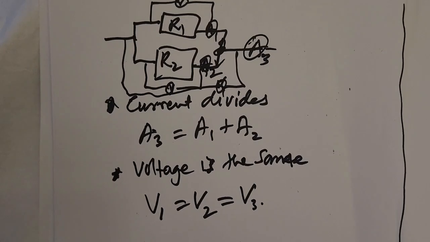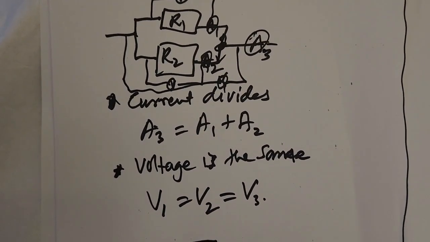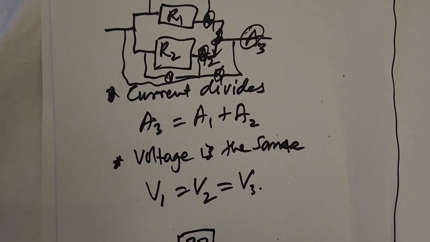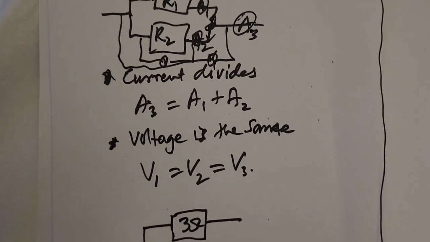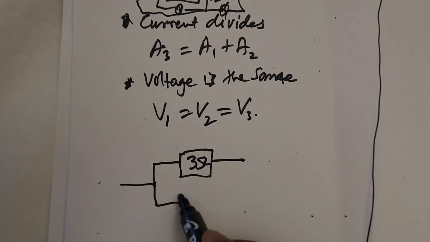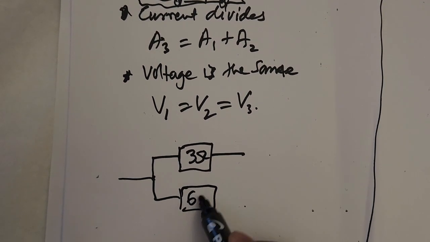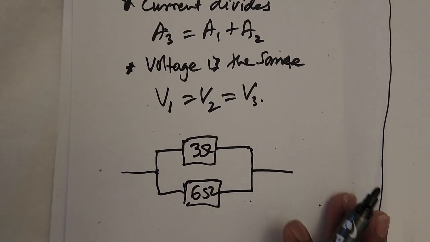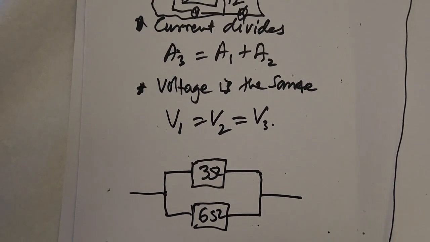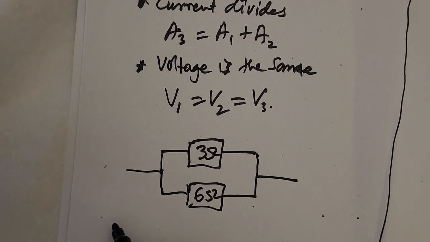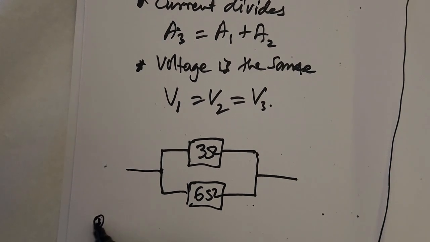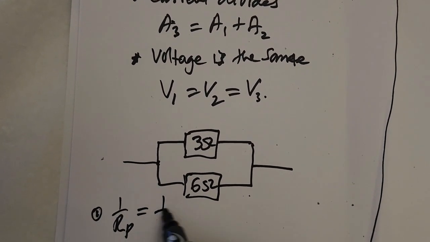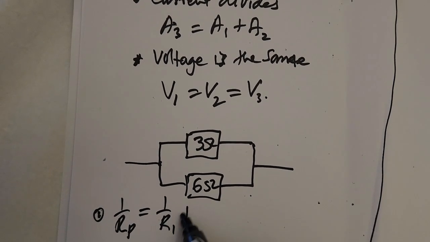We can simply just calculate before we come to the major issue of the Ohm's law. Let's just take one simple exercise here just to see how these three methods can unfold. We've got 3 ohm resistor that is in parallel with a 6 ohm resistor. Now they say calculate the effective resistance between the two. Let's use all the 3 methods. The first option, one learner can say I use the traditional one, 1 over Rp equals 1 over R1 plus 1 over R2.